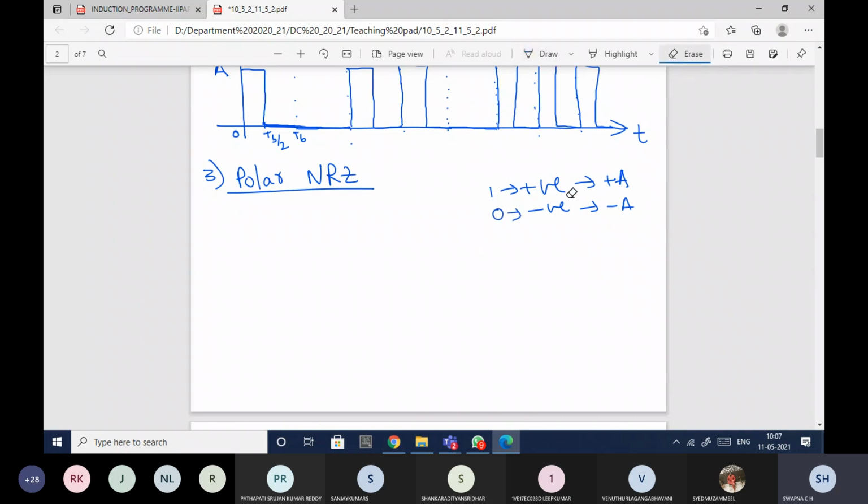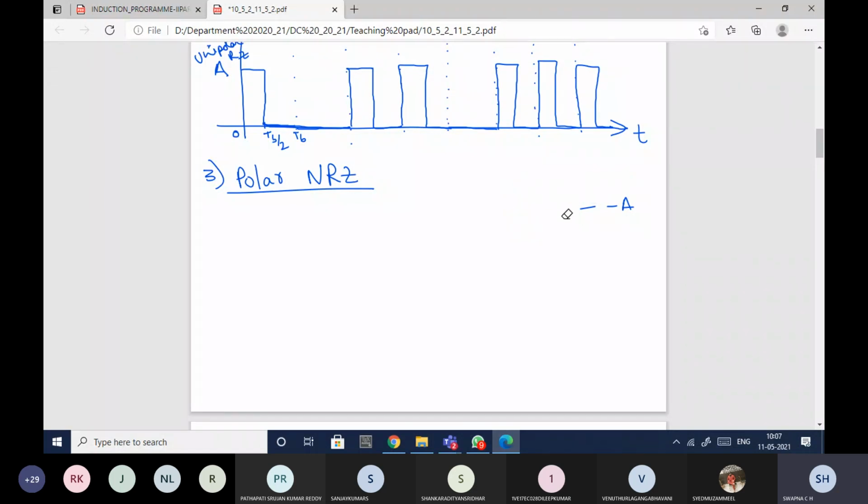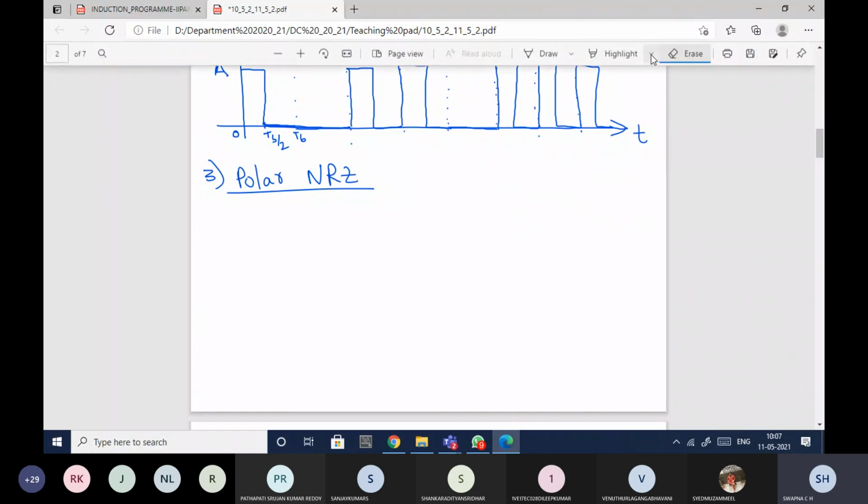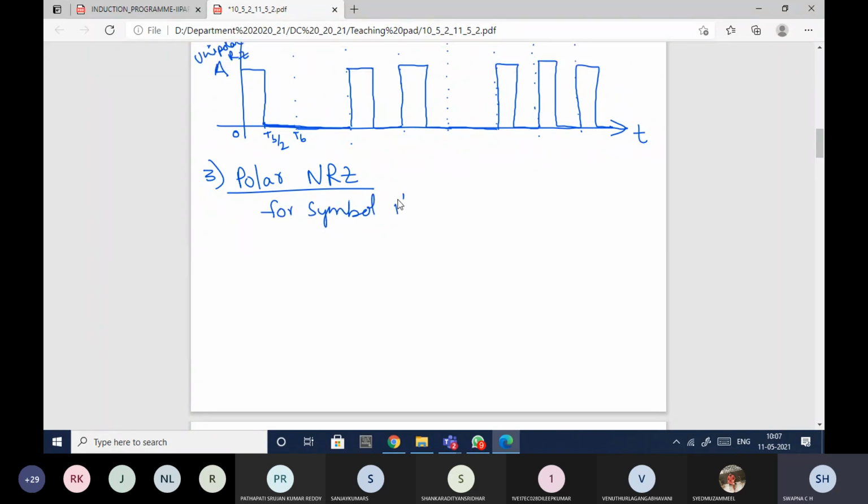Okay, so let us write it in the form of equation again. For symbol 1, x of t will be equal to A over the complete interval.